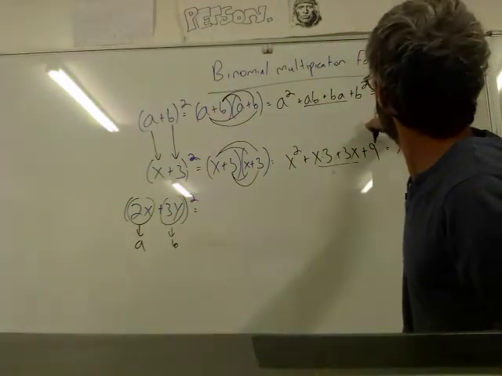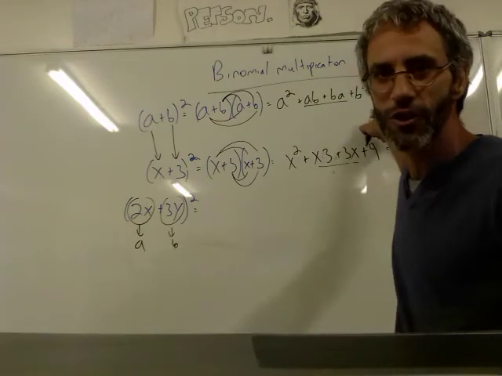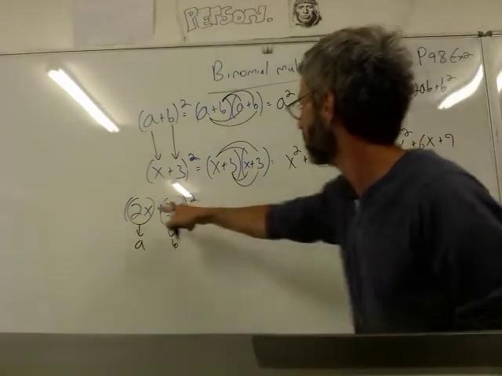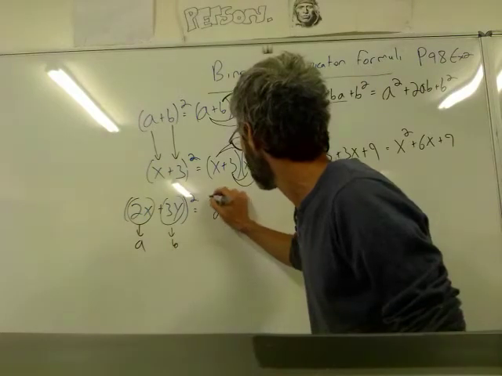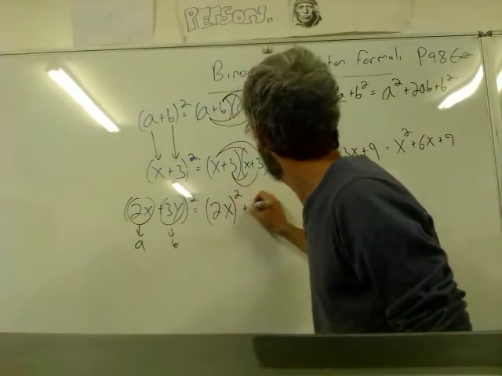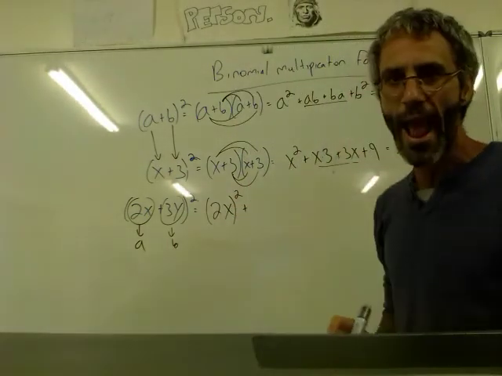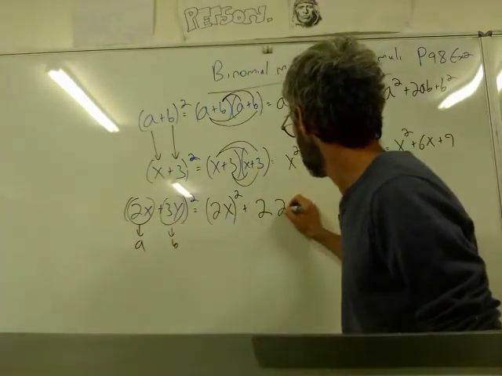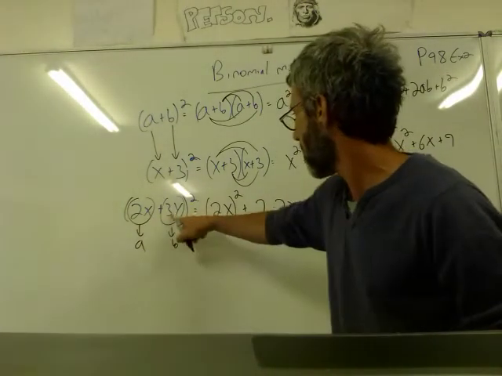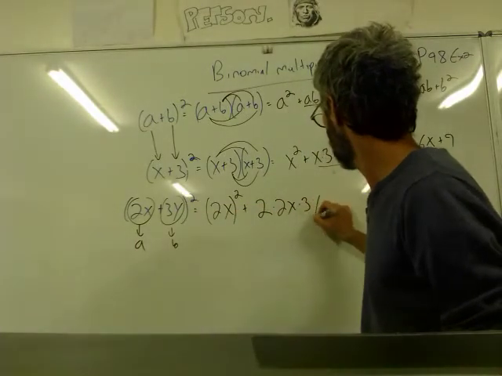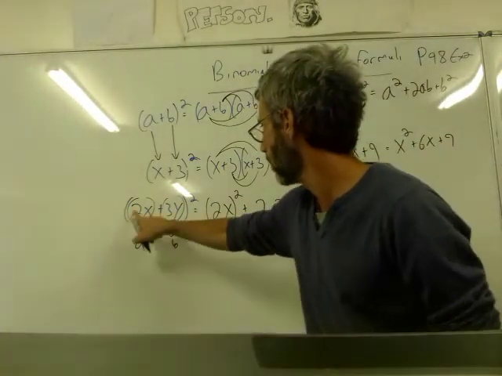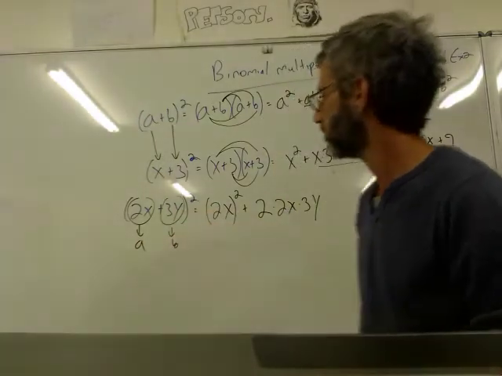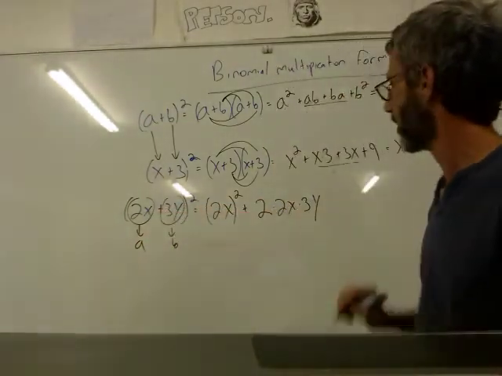This formula tells me that what you're going to write down is the first term squared, a squared. I'll just write it like this: 2x, that's your first term, squared. The second term is 2ab. So I'm going to write 2 times the first term, which is 2x, times b, which is 3y. 2ab, 2 times 2x times 3y.